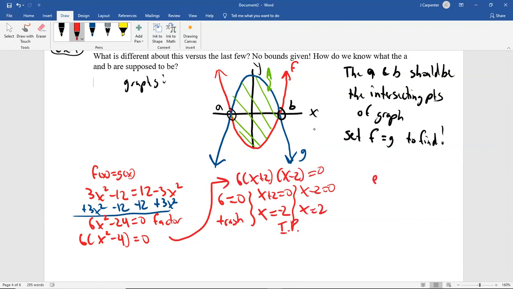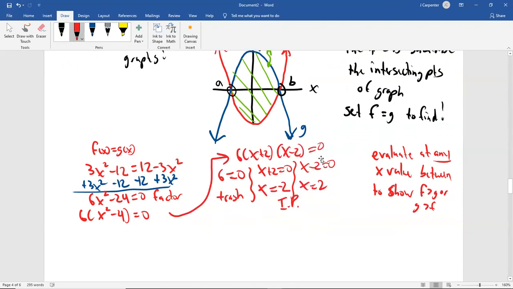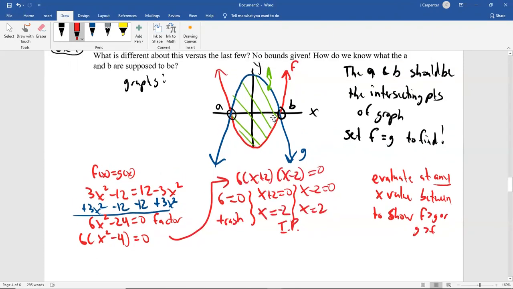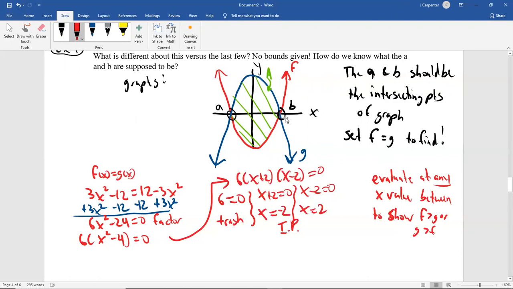So just evaluate at any x value between them to show f is bigger than g or g is bigger than f on that interval. Well, 0 is between negative 2 and 2. That's the easiest one to do.